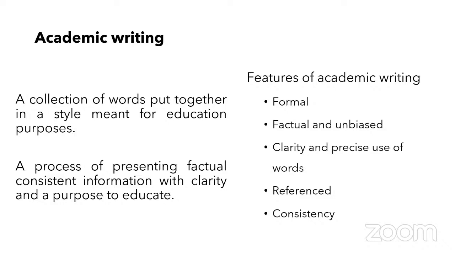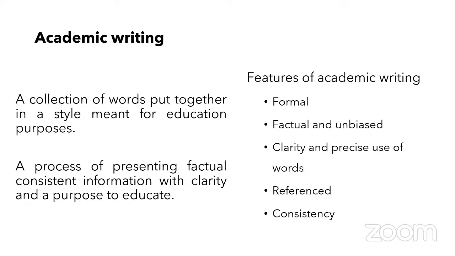So writing generally belongs to all areas. People would write for different reasons. But when we do write for academic purposes, then we want to be sure of the features of what we write. How do we distinguish an academic writing from other forms of writing? An academic writing is formal.